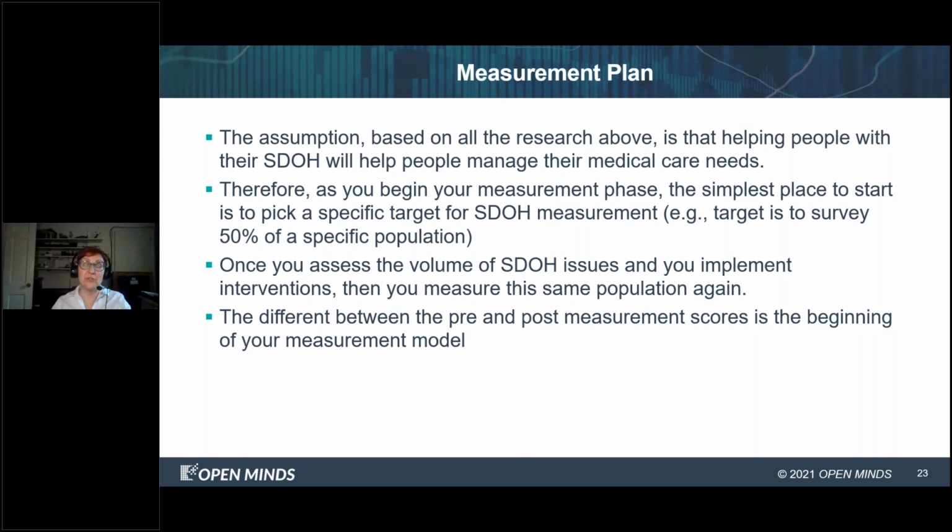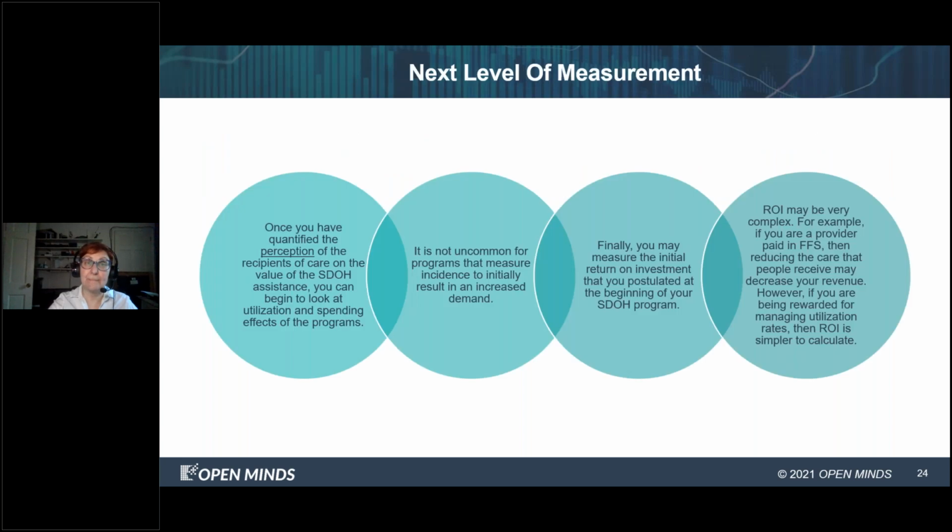And so once you start small with something concrete and something measurable and something definable and something you can speak to, and you do your pre and post measure, then that begins the development of your broader measurement model. So once you get past the kind of, is this program effective at getting more people access to fresh fruit? Right, that's the very concrete thing you would start at on the last slide.